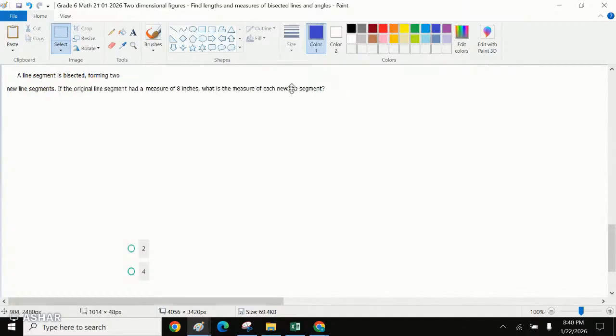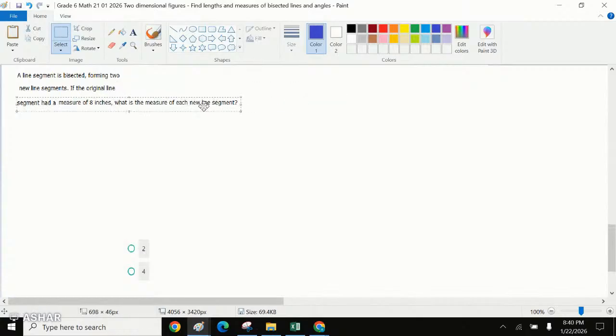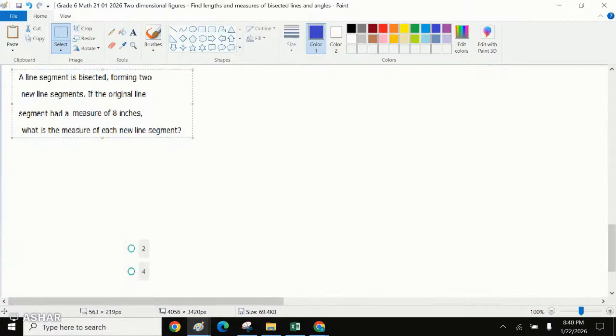A line segment is bisected to form two new segments. If the original line segment has a measure of 8 inches, what is the measure of each new line segment? I removed the diagram. So option A or option B?